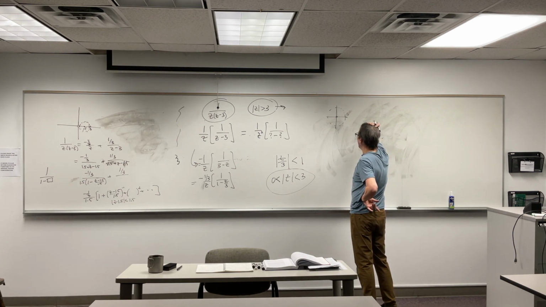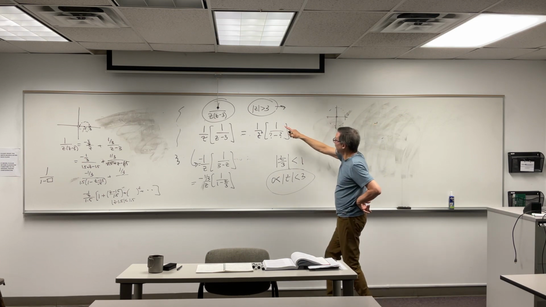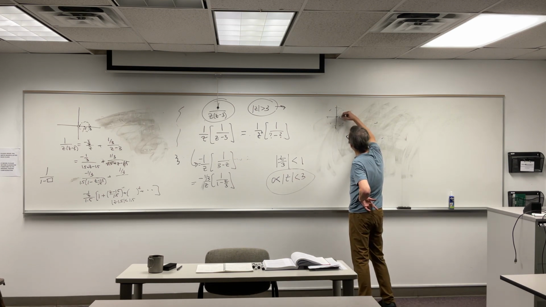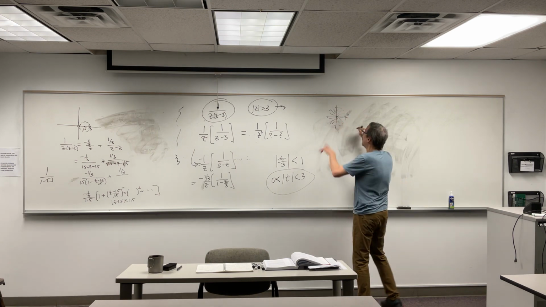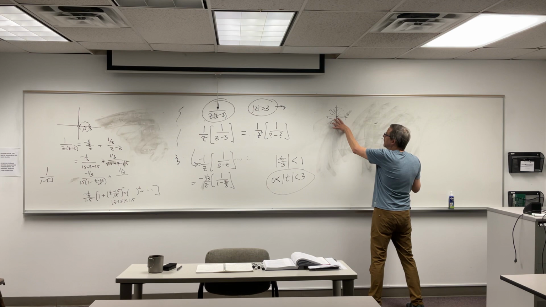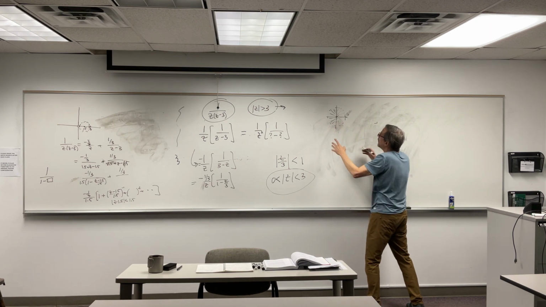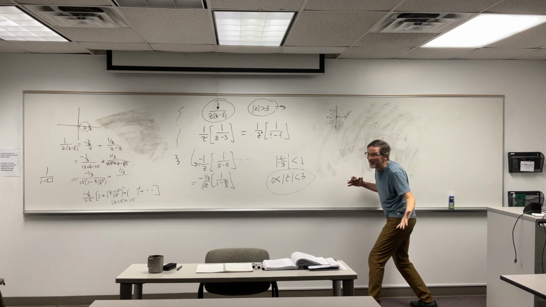There's a lot of different ways we could go here. So for this one here, if we're going to go at 0, this is really the best we could do. That's the biggest disk centered at 0 that I could have. What if I wanted to avoid both the singularities though?